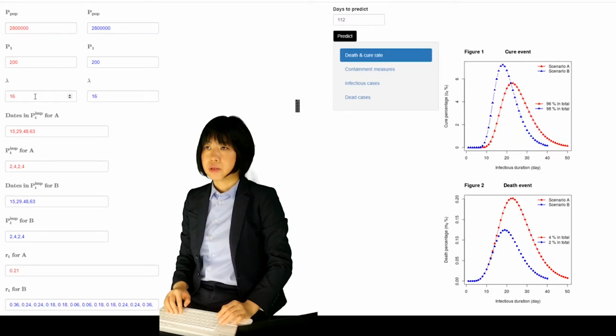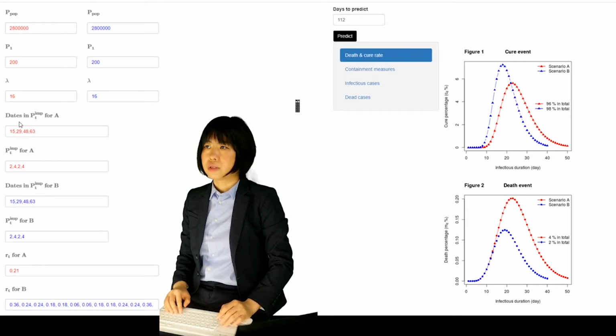The next parameter is lambda, which is the average infection duration for initial cases and reported cases. Here basically the input assumes the initial cases and reported cases have been infected for 16 days on average. The next group of parameters are related to imported cases.